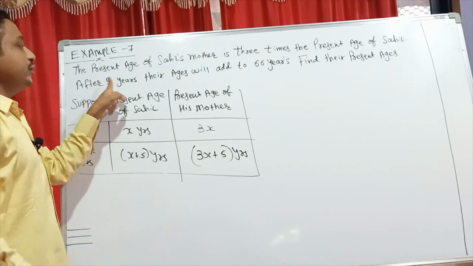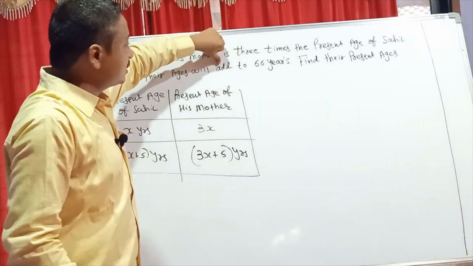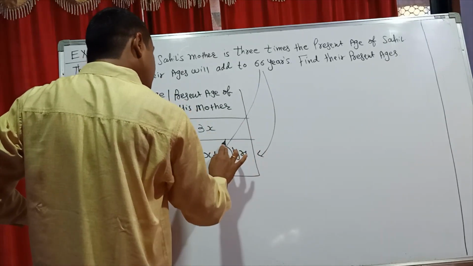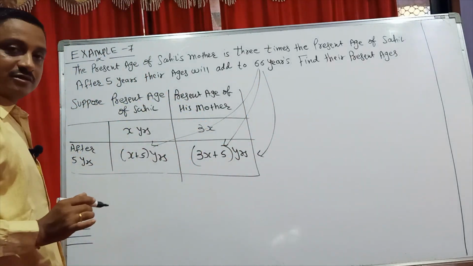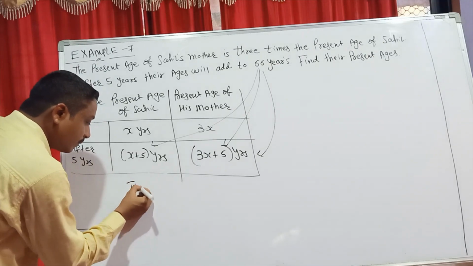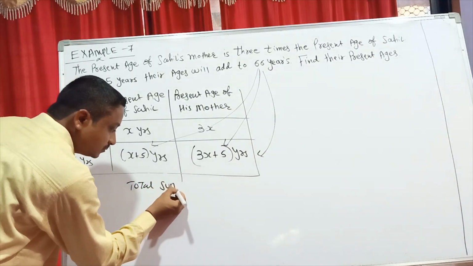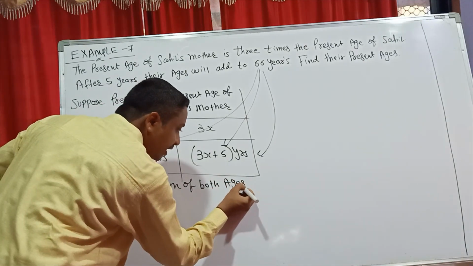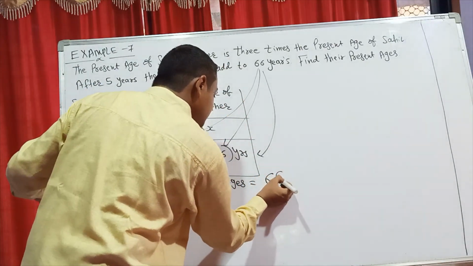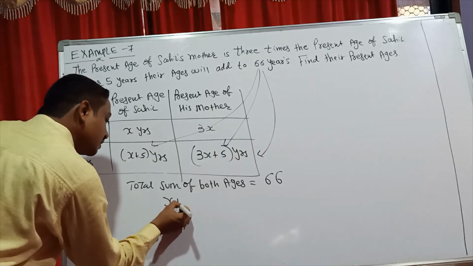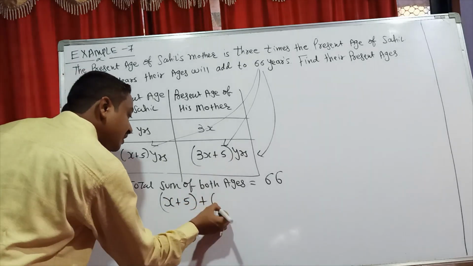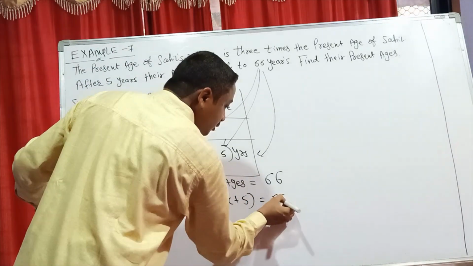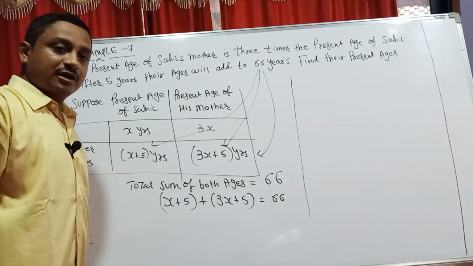Because both of them are moving 5 years ahead and the summation of both ages is given as 66 students. That's why I write down x plus 5, Sahil's age after 5 years, and his mother's age 3x plus 5 is equal to 66.